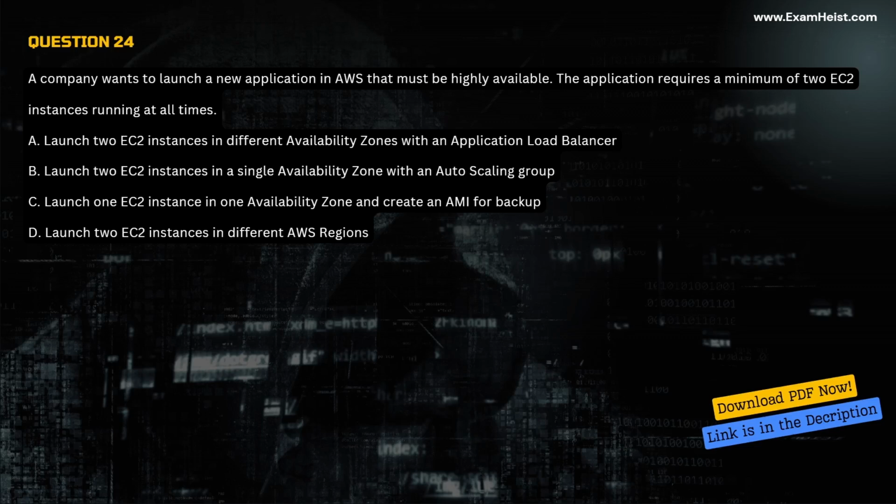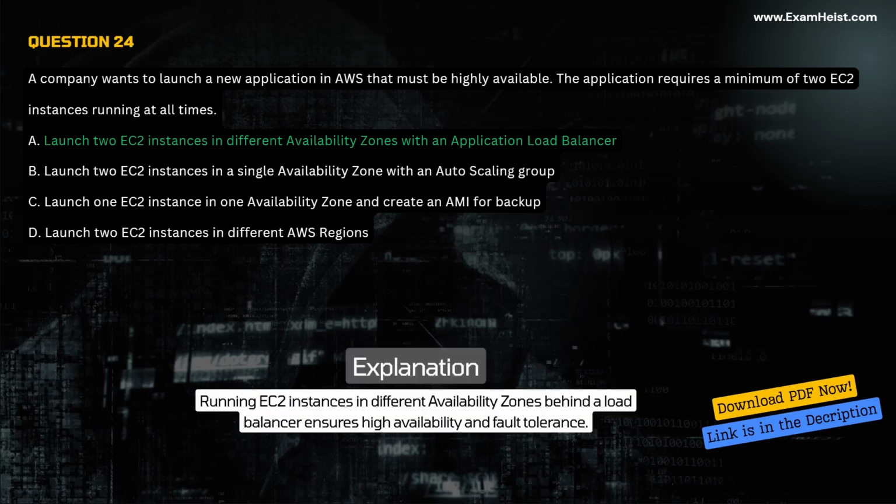C. Launch 1 EC2 instance in one availability zone and create an AMI for backup. D. Launch 2 EC2 instances in different AWS regions. Correct answer A. Launch 2 EC2 instances in different availability zones with an application load balancer.